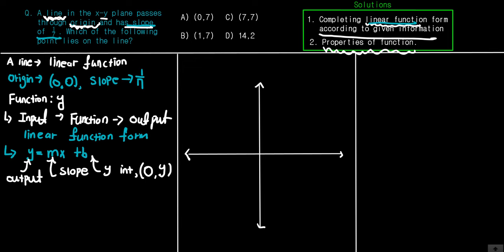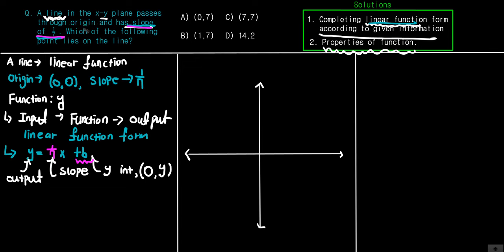We know that the slope of this function is 1/7, which means the m in this case is going to be 1/7. So it is going to be y is equal to 1/7x plus b. At first, let's think about the case of the b. It is a case where the x value is equal to 0.